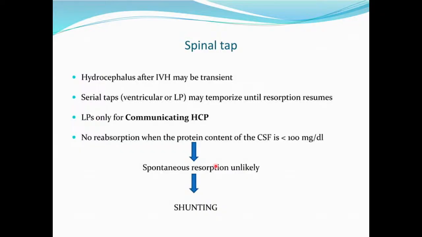We can get the pressure of the CSF and the consistency or color of the CSF. From that we can understand whether it is an infective cause of the raised intracranial pressure, or a non-infective cause, that is obstruction or anything other.